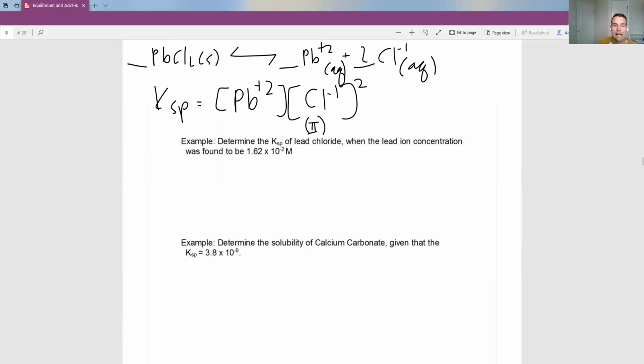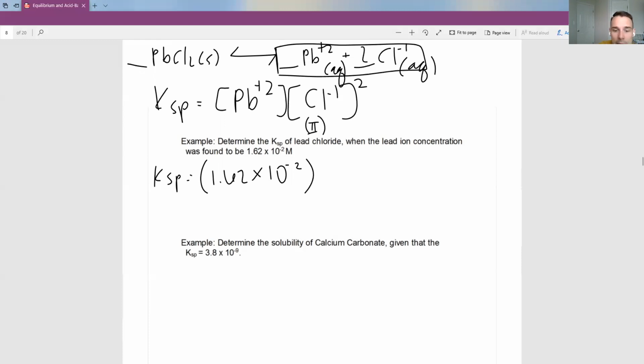Now, the lead ion concentration was found to be 1.62 times 10 to the negative second. But now, if I look at my balanced equation, for every one of the lead, I get 2 chloride ions. So it's going to be 2 times 1.62 times 10 to the negative second, and I still must square it.